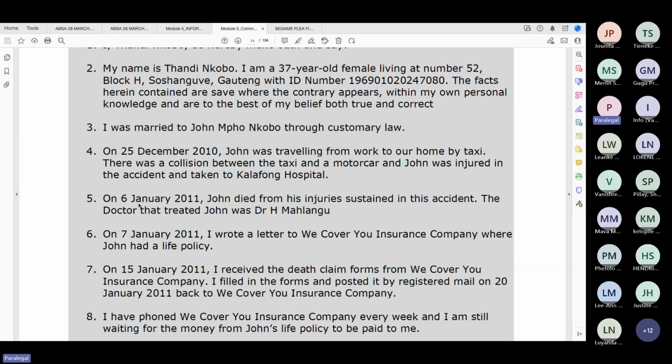How about he had an accident at midnight? When did the accident really occur? On the 26th or on the 25th? Because the ambulance report, the medical report says he arrived at Kalafong Hospital 10 minutes past 1.